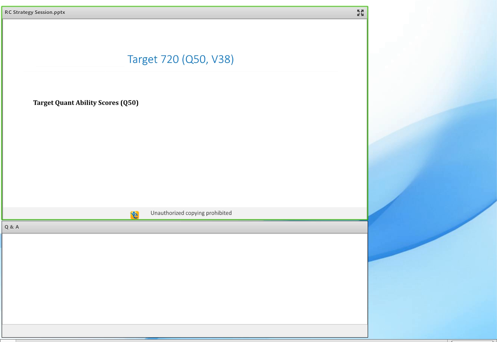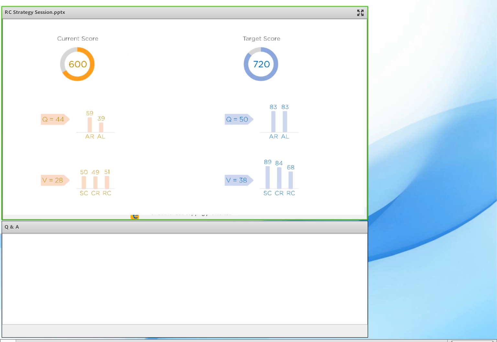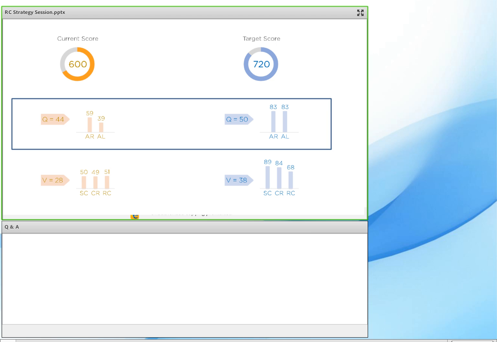Now, while doing that, it goes through about 10 permutations to decide which is the score that will be the easiest for you to achieve. Then it will also tell you how can you get to a Q50 and how can you get to a V38. There's personalization done at this point as well by looking at your starting abilities.